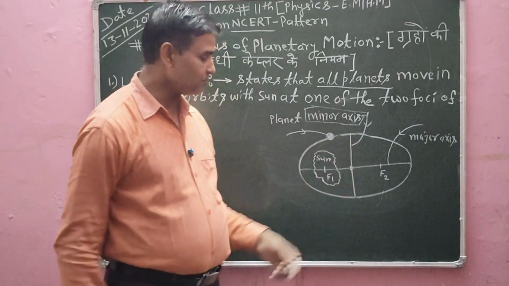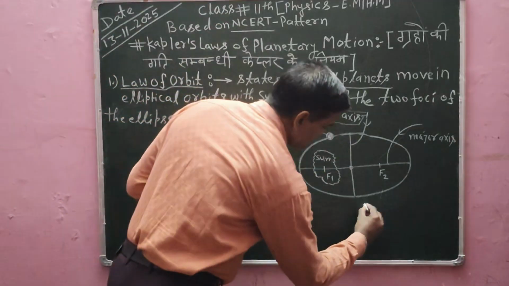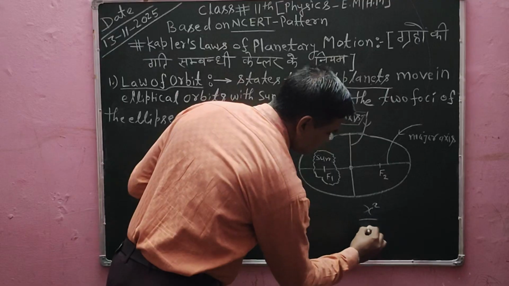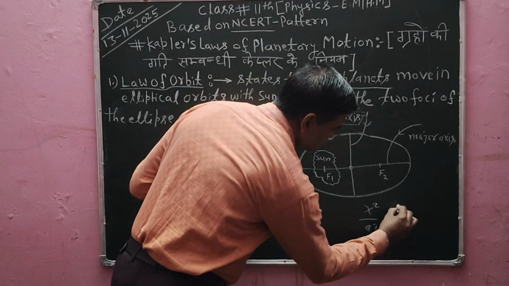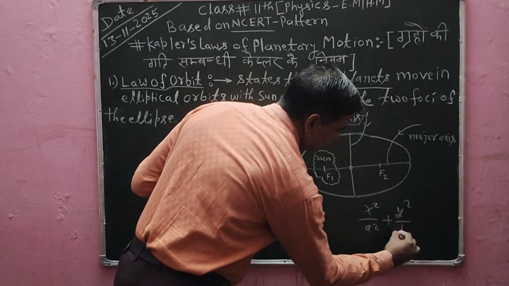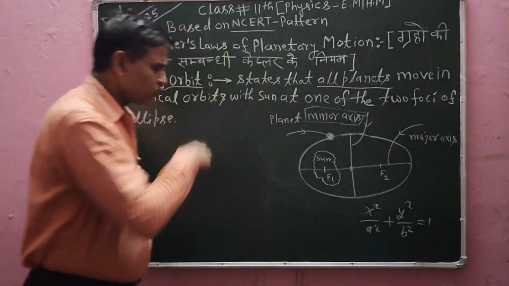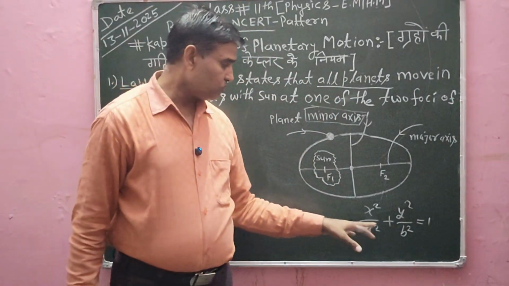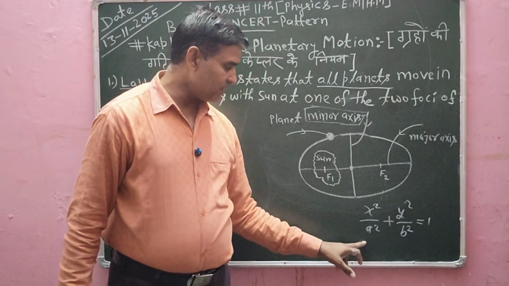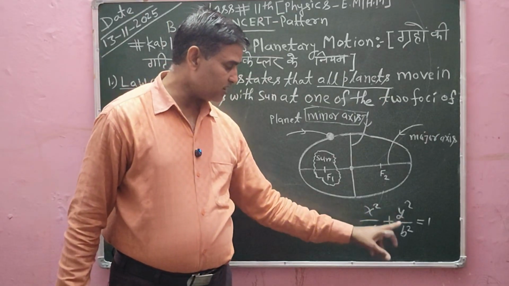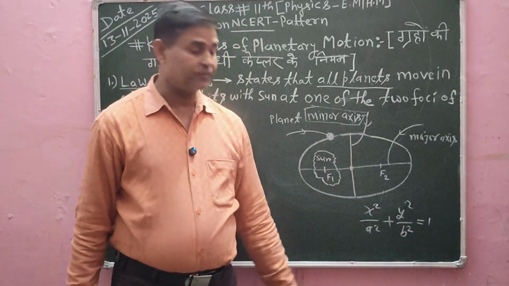x square divided by a square plus y square divided by b square, which is equal to 1.